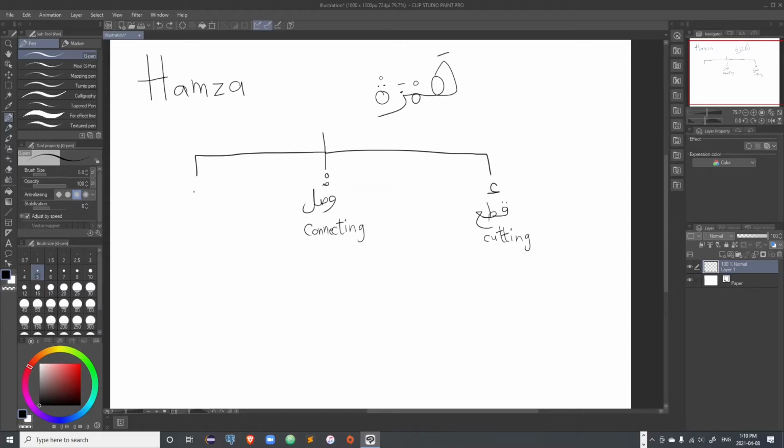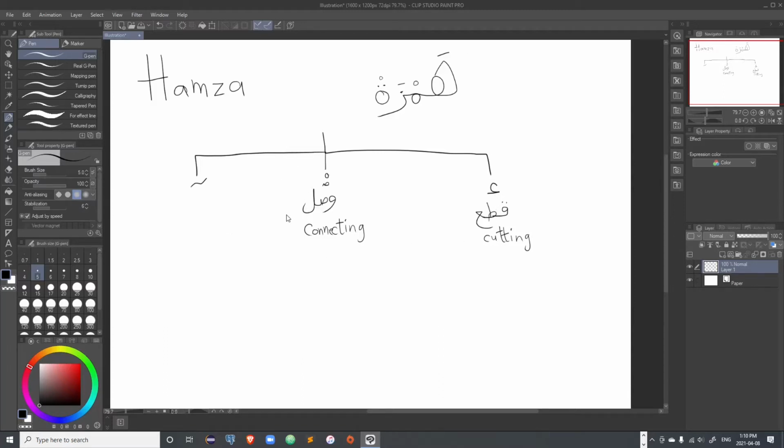Lastly, we have a hamza that is similar in shape to the approximate sign in math, except it only has one instead of two. So this hamza is drawn like so, atop the alif. All of these are drawn atop the alif, except this one also has other variations which we will discuss for the remainder of this lesson.